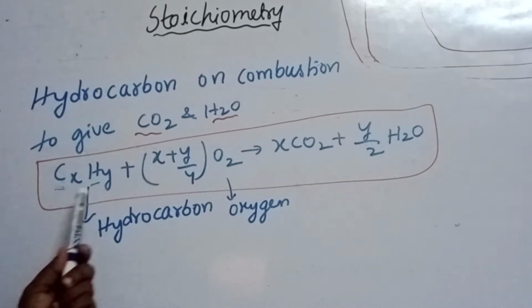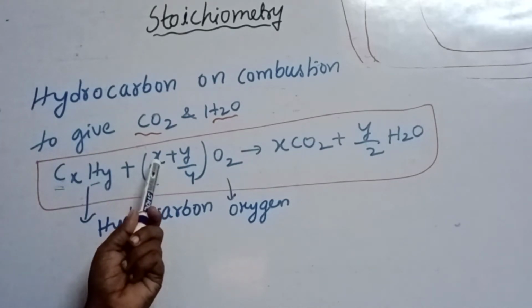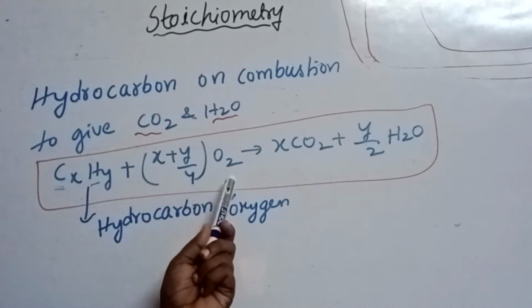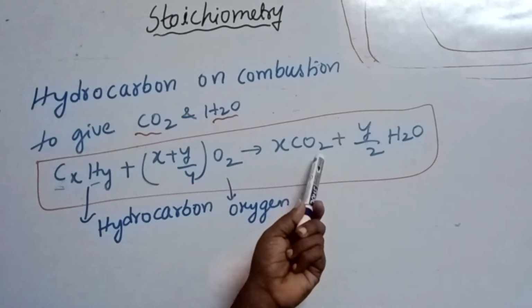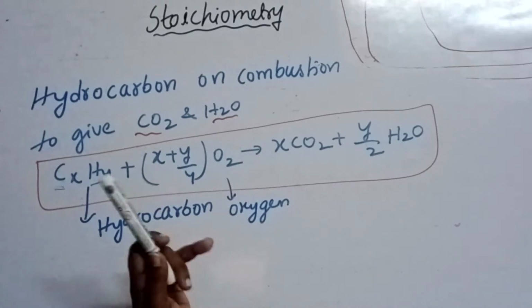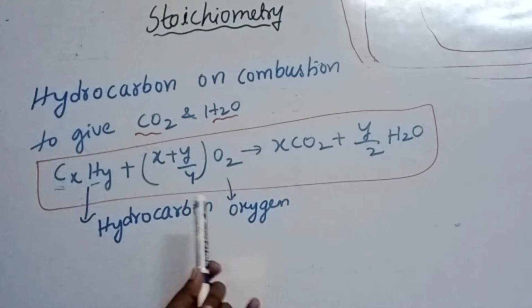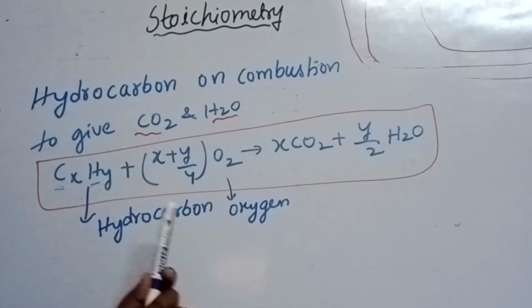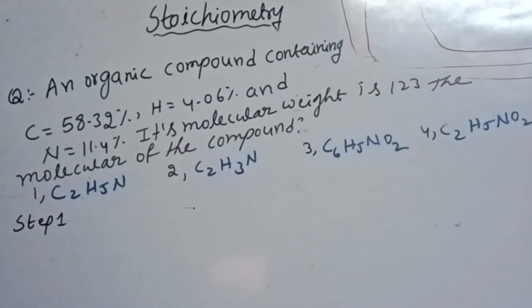When a hydrocarbon undergoes combustion, x plus y by 4 moles of oxygen give x moles of carbon dioxide and y by 2 moles of water. So this formula is very important for hydrocarbon combustion calculations.